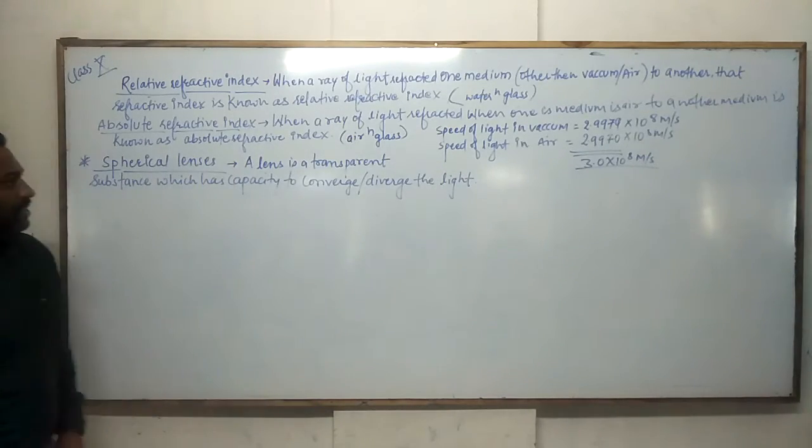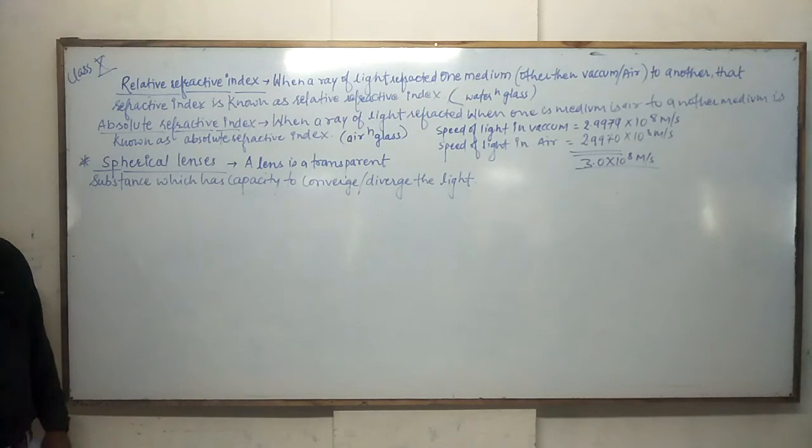Okay, a lens is a transparent substance which has the capacity to converge or diverge the light.